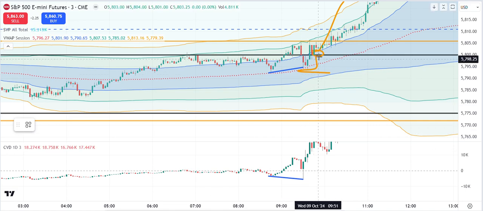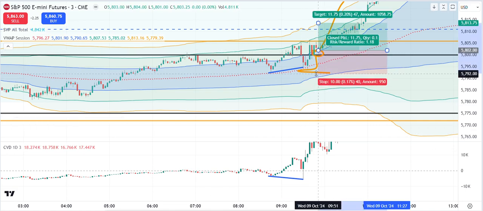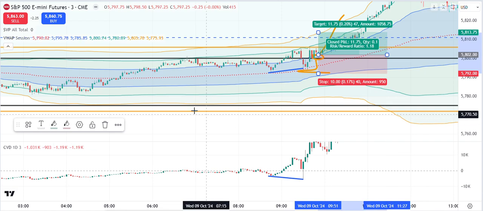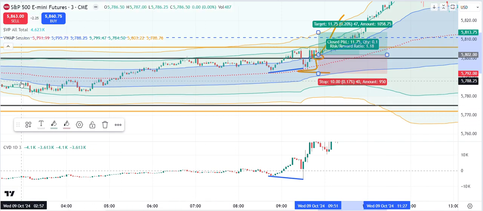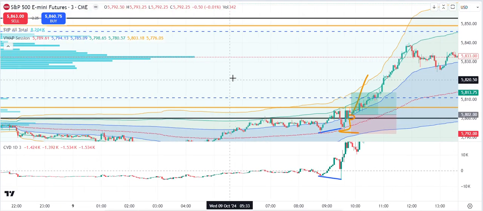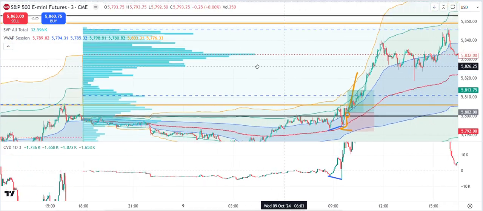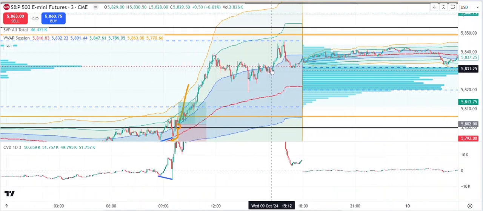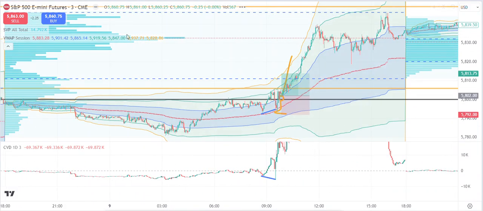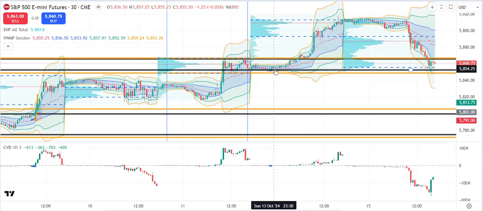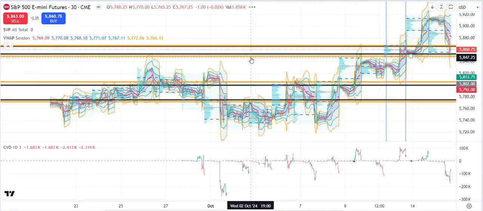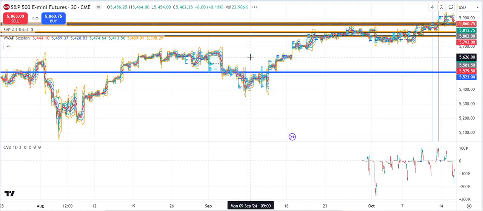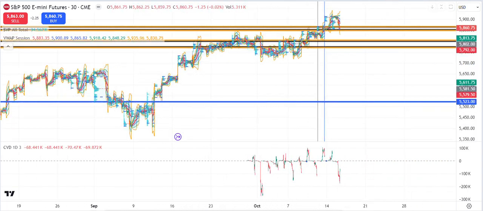Oh sorry, long position. And target is the next value area, which there wasn't any.